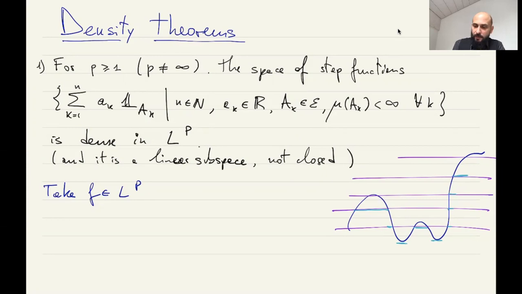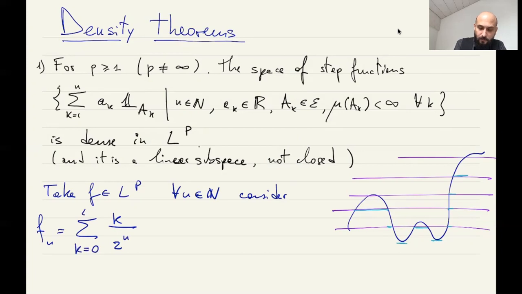So in formula it is the following. For all n, we consider fn to be the sum of, so we are dividing into strips of size 2 to the minus n, and so k goes from 0 to 4 to the n, of k over 2 to the n times the characteristic function of the set where f is between k over 2 to the n and k plus 1 over 2 to the n.